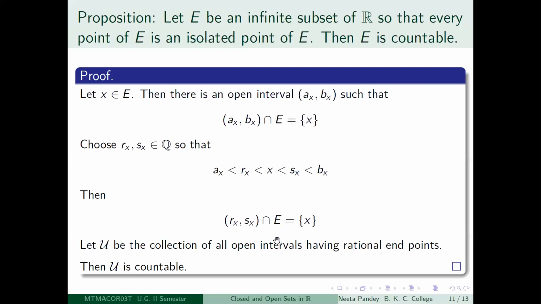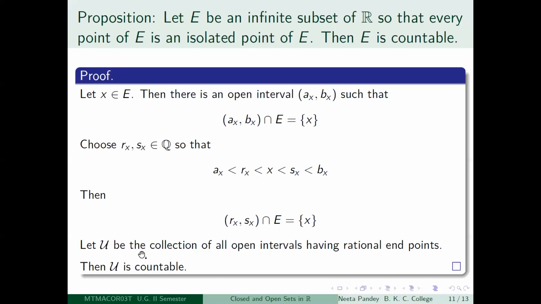It could have been empty, but since x is there, and that is the way we have chosen these r_x and s_x, this intersection is just a singleton. Okay, very good. So this we do for every point of E.